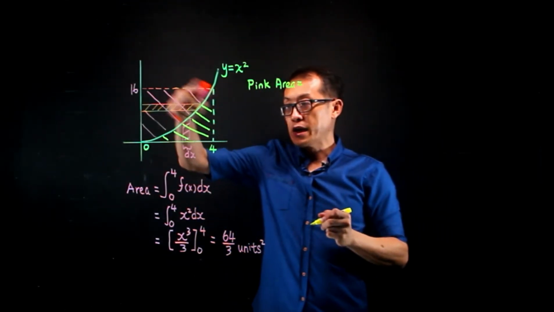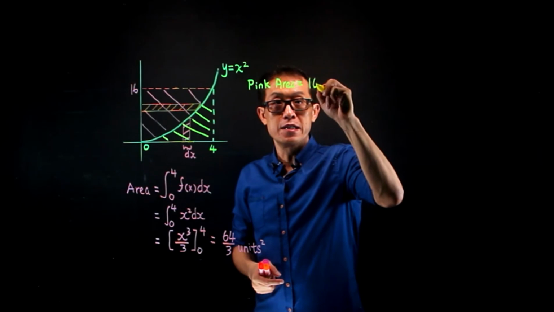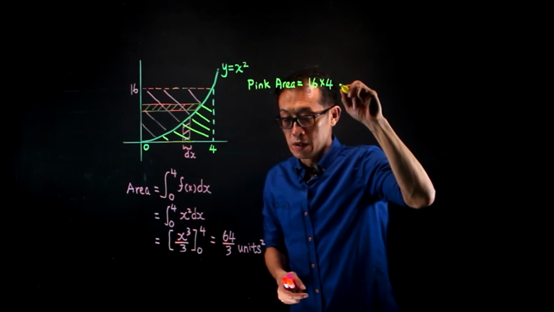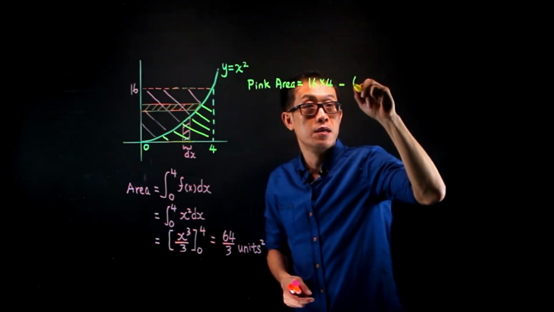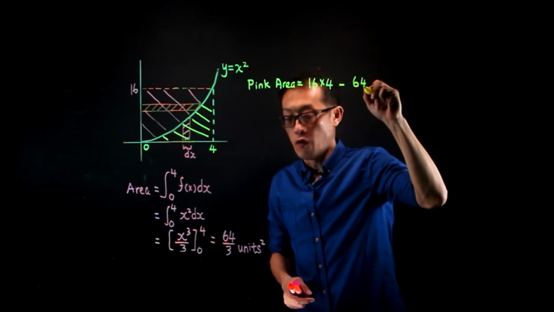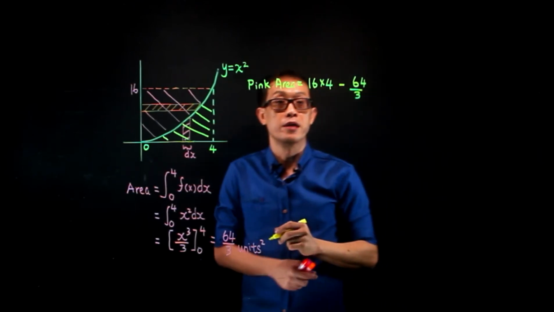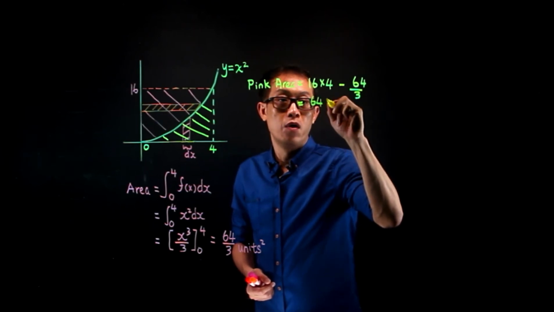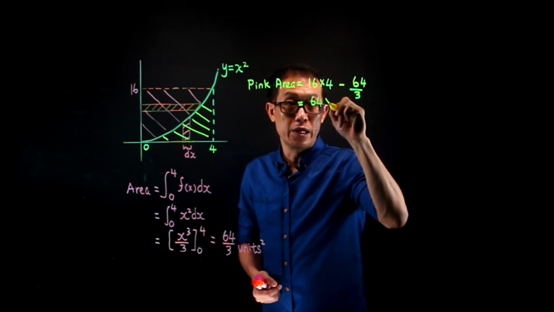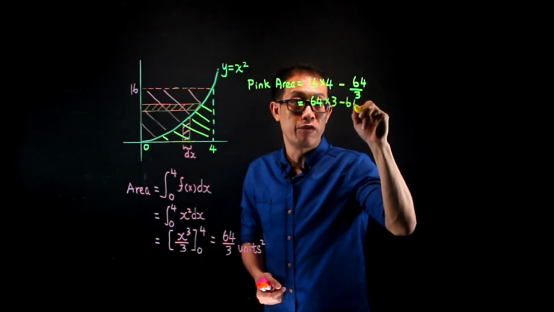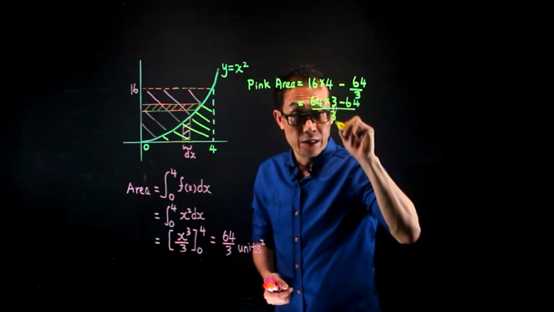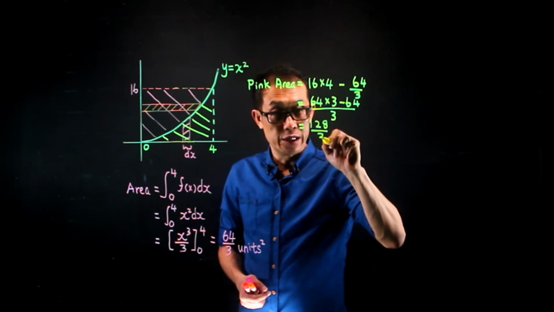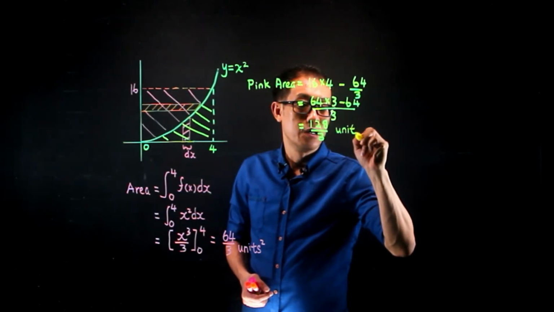The area of the rectangle is 16 times 4, minus this yellow shaded area, which is 64 over 3. Now you will get 64, and you have to change to a common denominator, so times 3, minus 64 over 3. For that you will have 128 over 3 units squared.